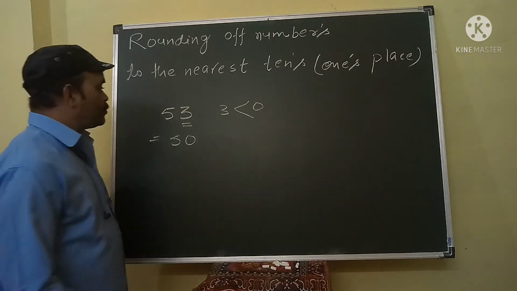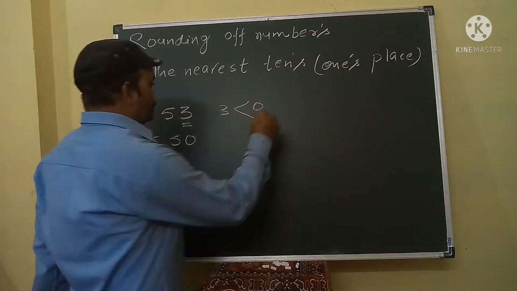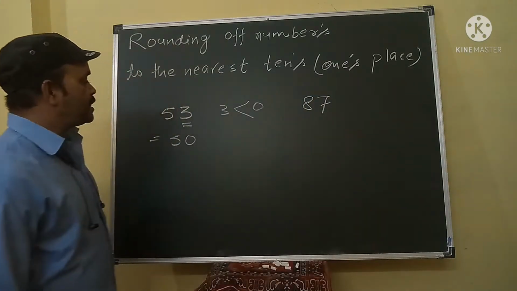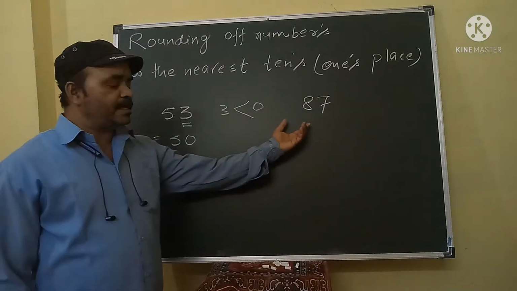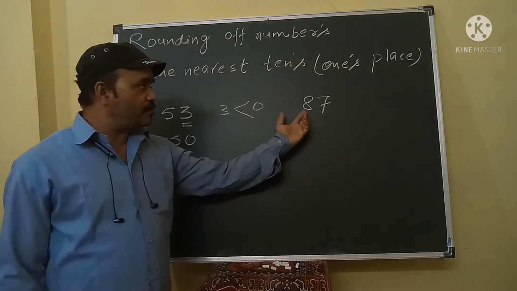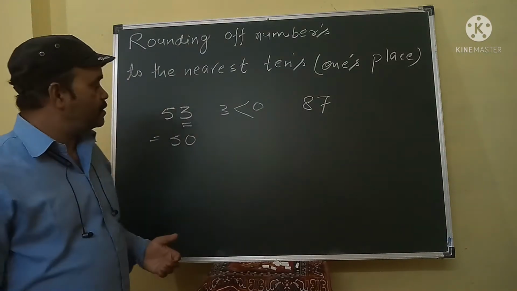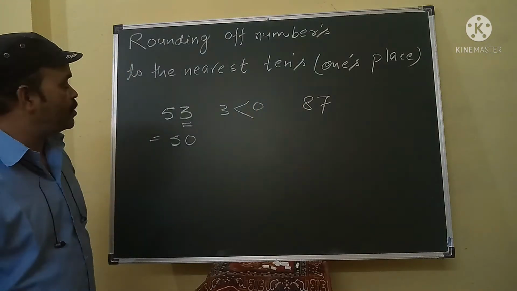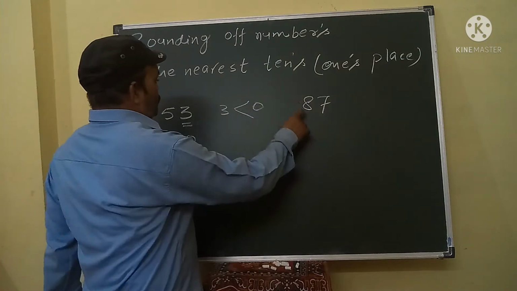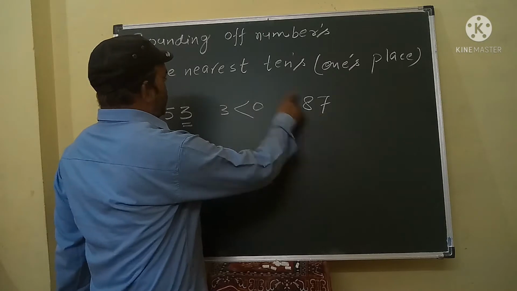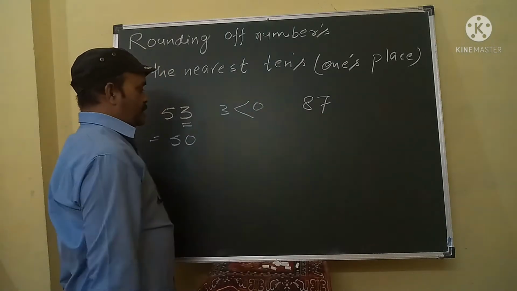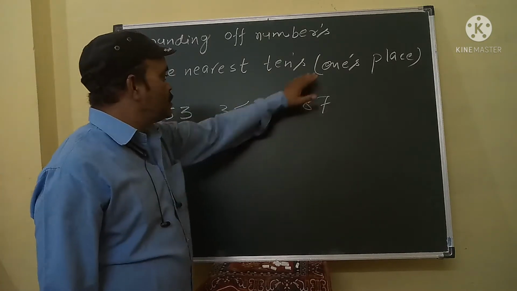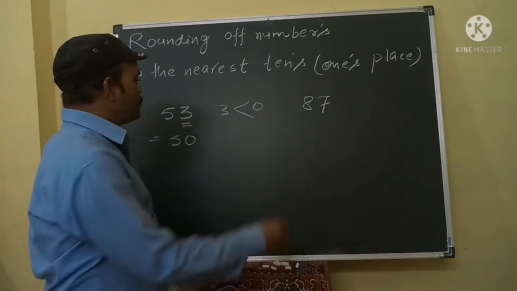Suppose you have one more question. Suppose this is 87, and you will find the rounding of 87 to the nearest tens. For the nearest tens we will find the ones place digit.